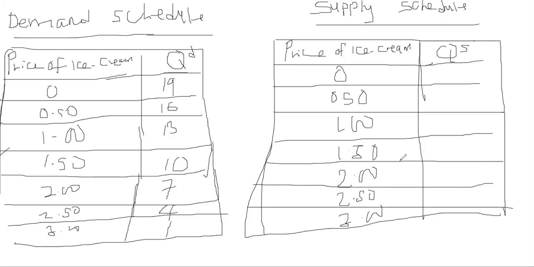Here the supply is 19, then we have 16, 13, 10, 7, then 4, 1.